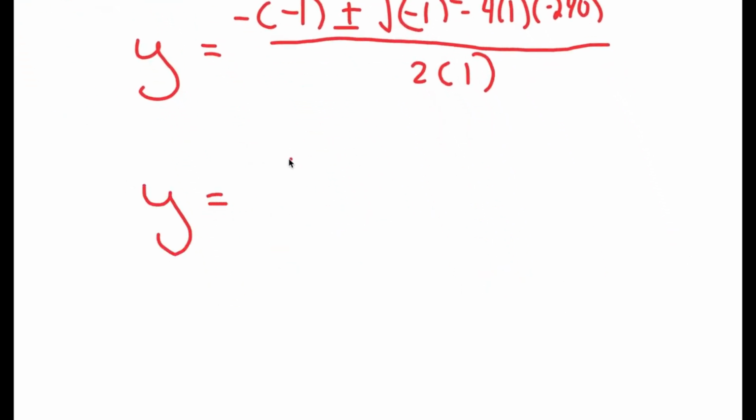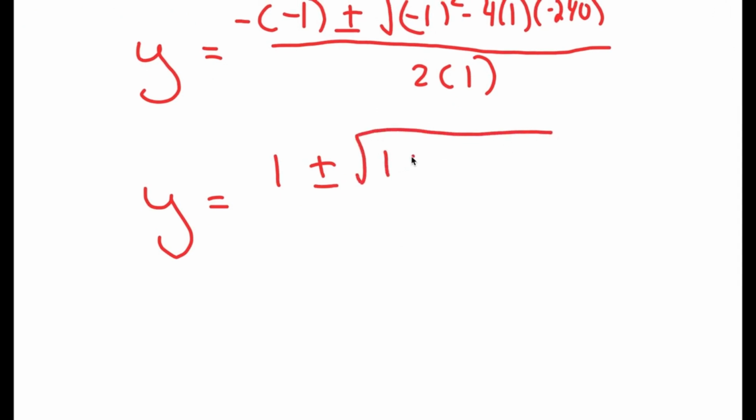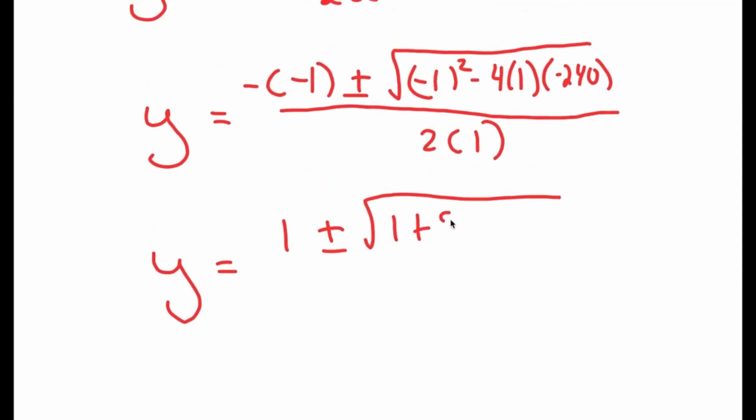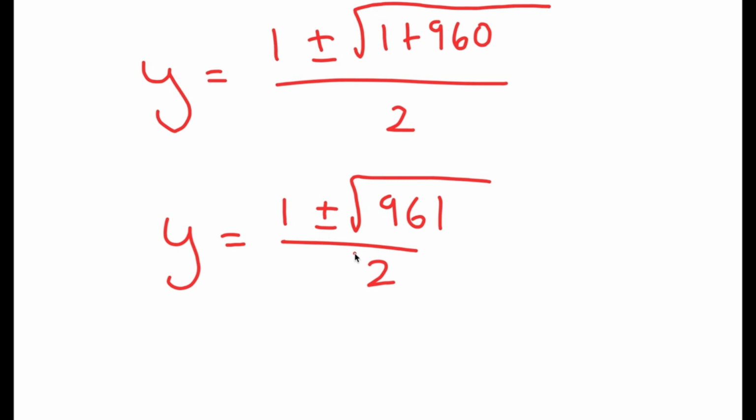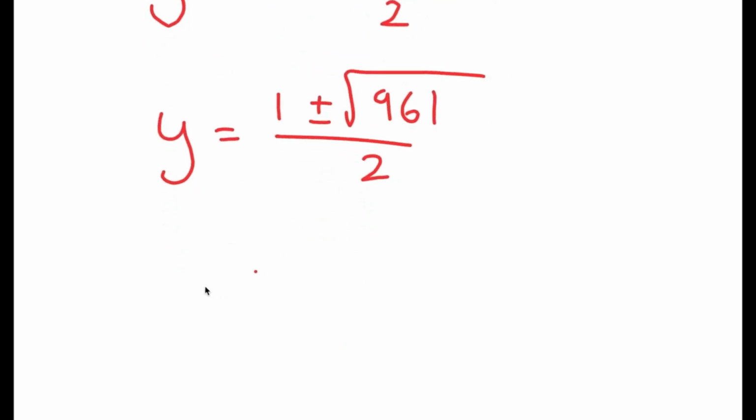And this simplifies to 1 plus or minus the square root of 1 plus 960 over 2. And this turns into y is equal to 1 plus or minus the square root of 961 over 2. So now, the square root of 961 is 31.